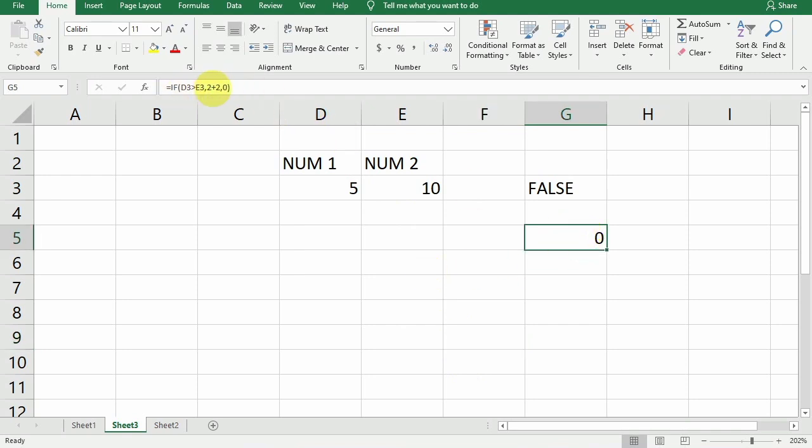So to know what a formula is, when you click here, you look at the formula bar: if D3 is greater than E3, perform this calculation 2 plus 2, which is 4. But if not, perform this other result, which is 0. So a logical function or logical statement is when we use a condition to create a particular result that we want. Okay, let's go over to the next big thing.